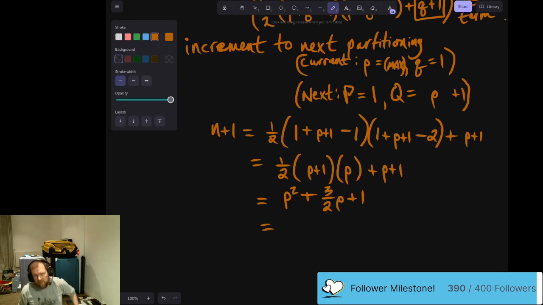Oh, 1/2. 1/2 P squared. Okay, so if P is even, then we get rid of both of the fractions. So P squared is going to be divisible by 4, and it multiplies by 1/2.